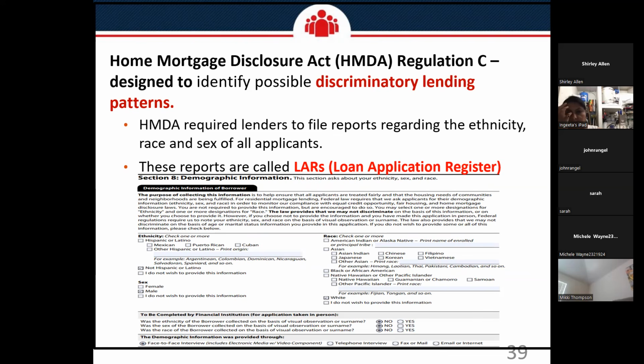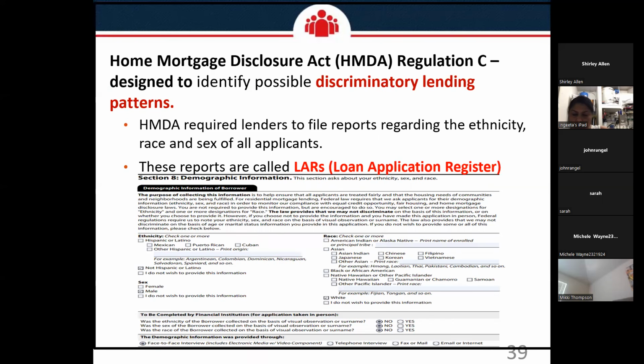We had to move that information to Section 8 of the 1003, and they call it demographic information. The HMDA law requires the lenders to file reports regarding the ethnicity, race, and sex of all applicants. They call these reports LARs, Loan Application Register.